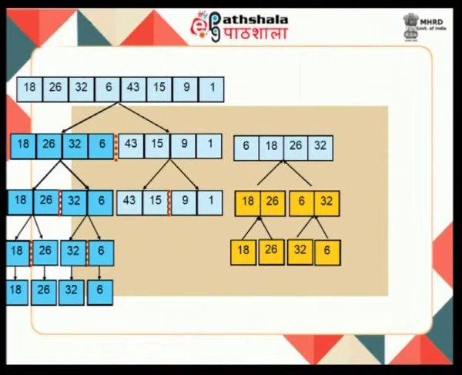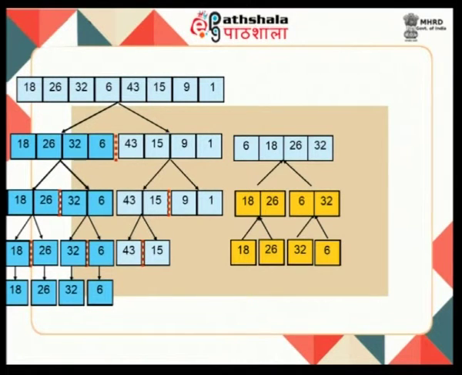I can repeat this for the right-hand side list. The right array 43, 15, 9, 1 is divided into two sub-arrays, and I can divide these further.